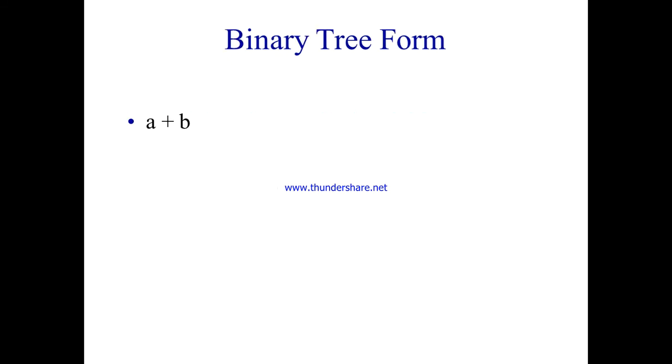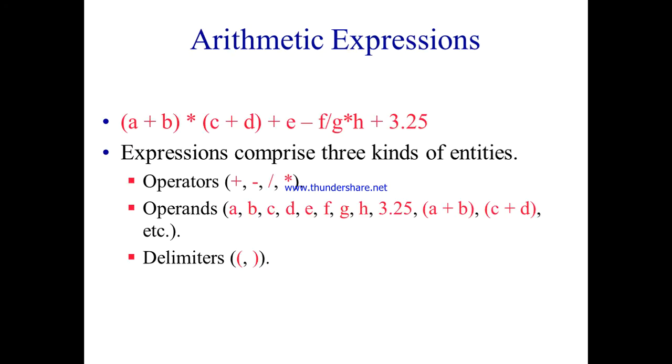Now let us take one simple example, A plus B. Generally, to evaluate this expression we'll go for the postfix expression. That has already been completed in the previous units on expression evaluation, so I'm not going through it again. Now how do we represent it in binary tree format?